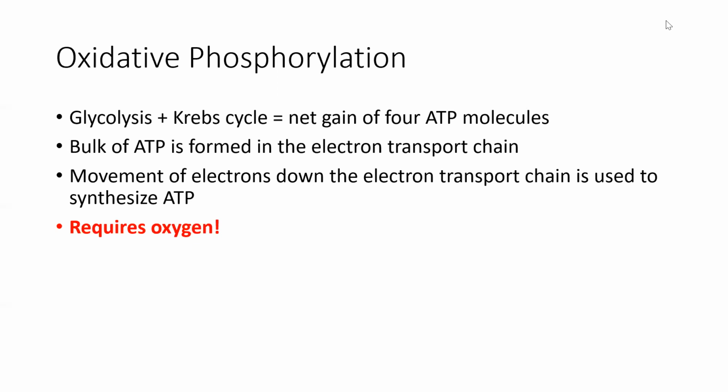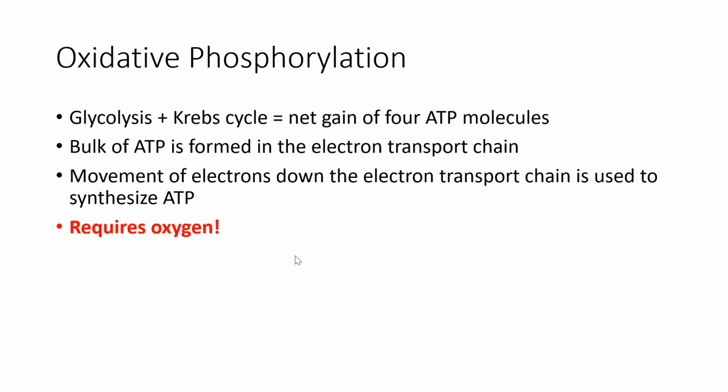We said that this was where the electrons were passed from complex to complex. These complexes were embedded in the inner mitochondrial membrane. And when they're passing the electrons from one to the other, this generates some energy to move hydrogen ions, creating a gradient, which will then favor the synthesis of ATP.